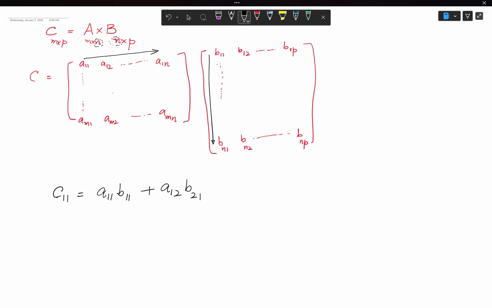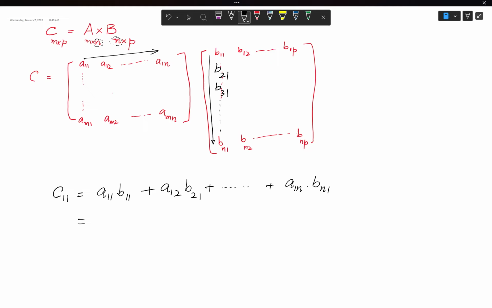The first row is multiplied with the first column, so it is B31, and so on up to n. And finally, the last product that is added will be A1n times Bn1.